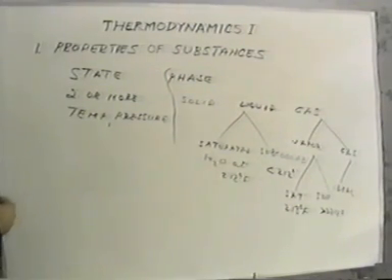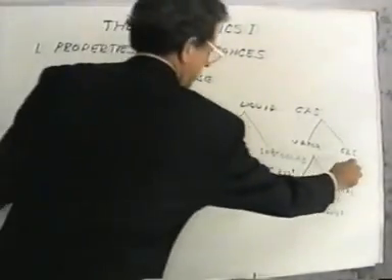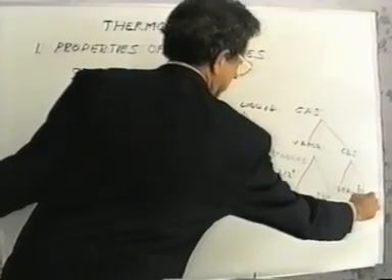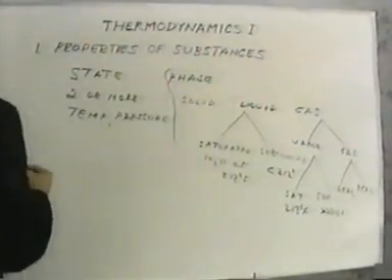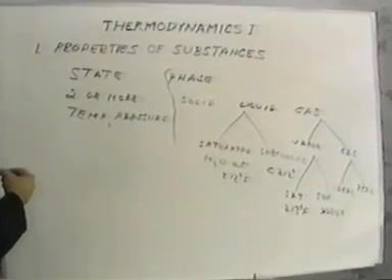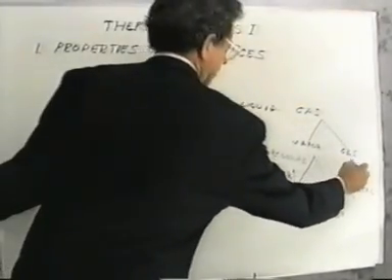They're so far apart, they're so small, that we say at this point the gas is behaving as an ideal gas. On the other hand, it may not be ideal. It might be a real gas. It may not be at that very high temperature and very low pressure.